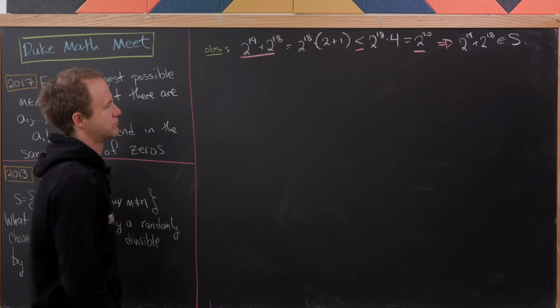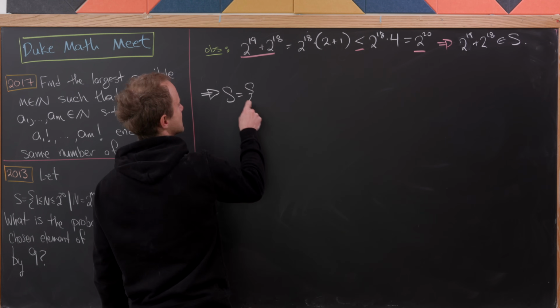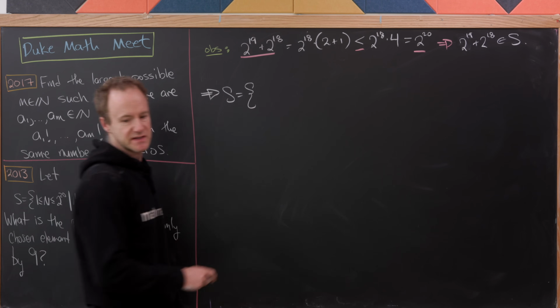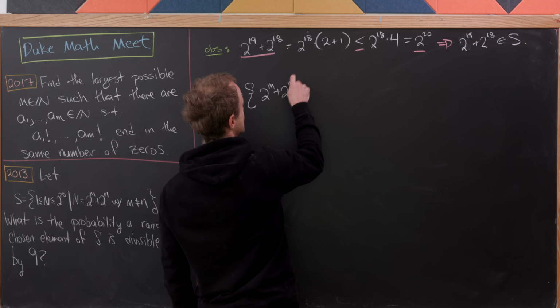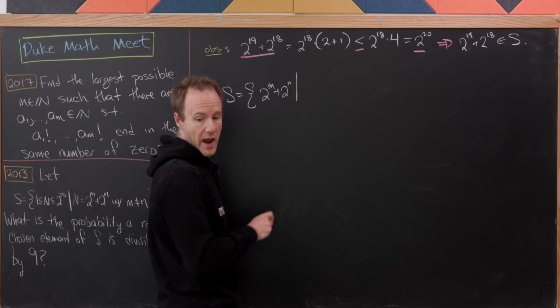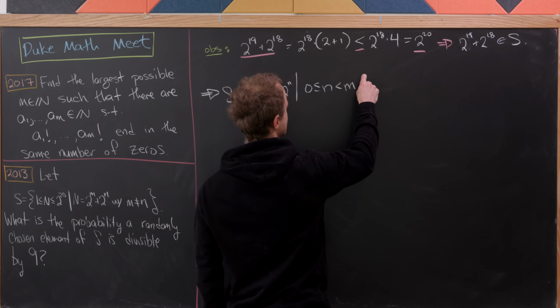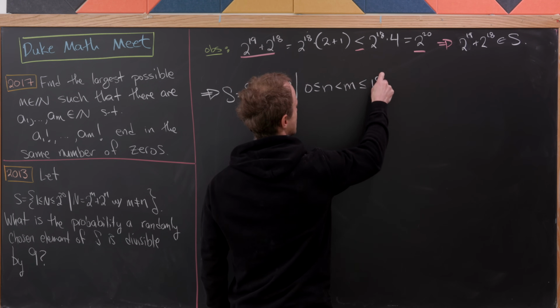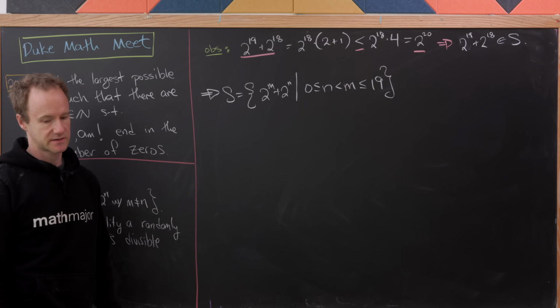So I think that's pretty clear. So now we can write S as follows. This is going to be everything of the form 2 to the m plus 2 to the n, where 0 is less than or equal to n, which is strictly less than m, which is less than or equal to 19. Okay, nice.